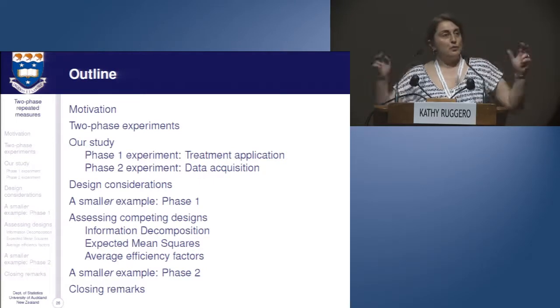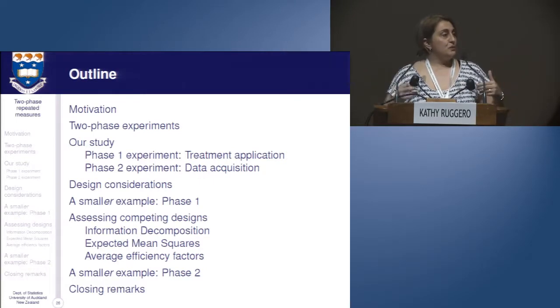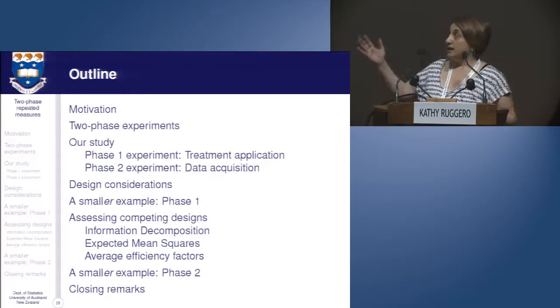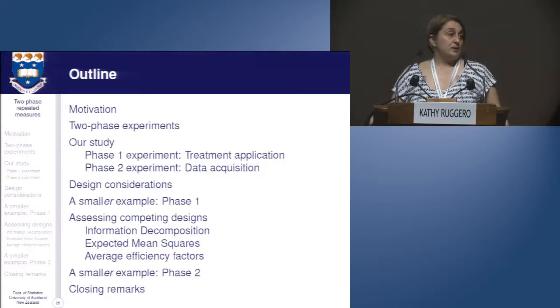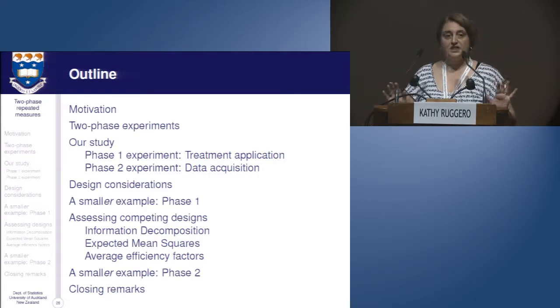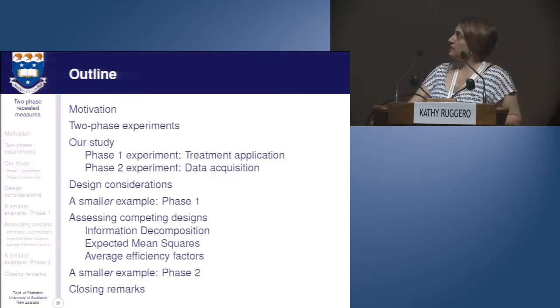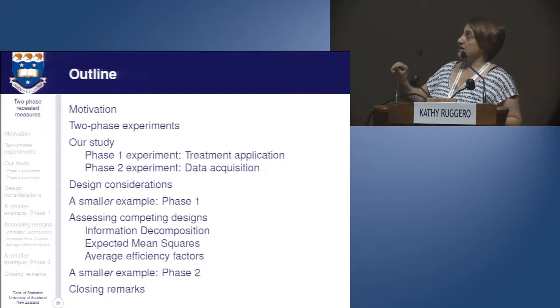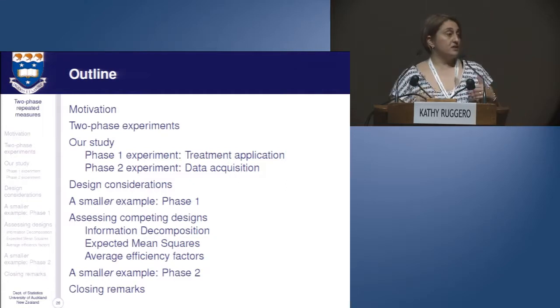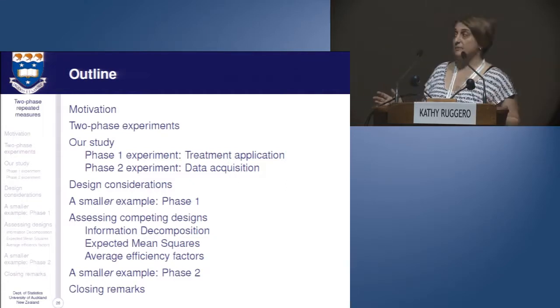Even though it's a small experiment, it's quite large in terms of presenting it here on a screen. So I'm going to look at a slightly smaller experimental design, but it's essentially exactly the same setting. I'll look at the phase 1 experiment in that smaller setting, and then discuss some of the ideas about what makes a good design amongst competing designs of the same size.